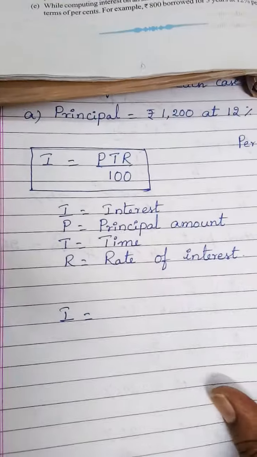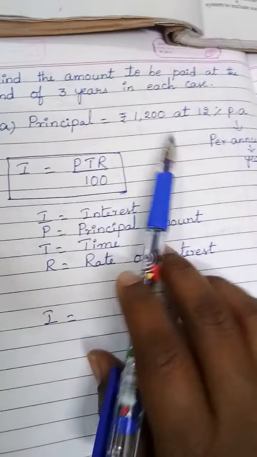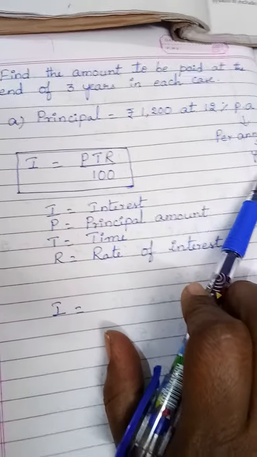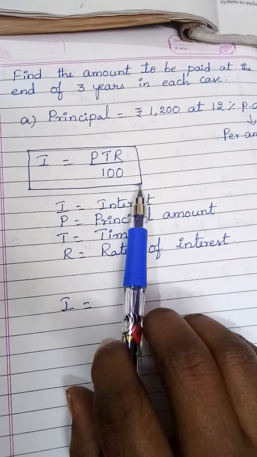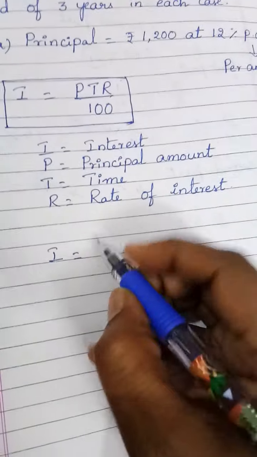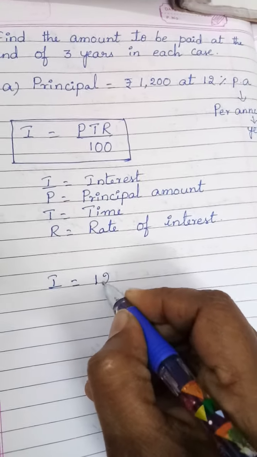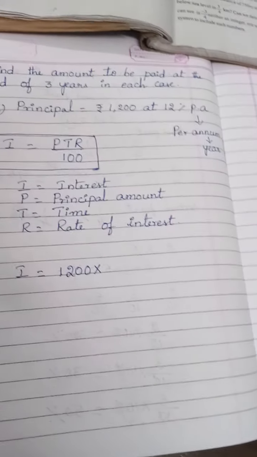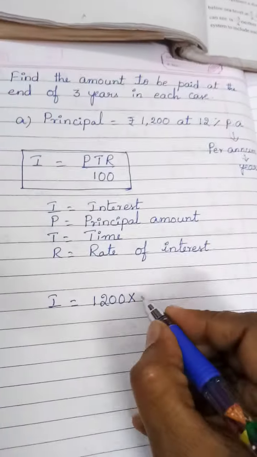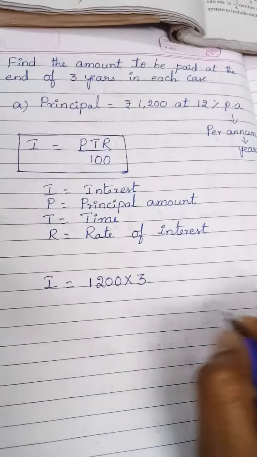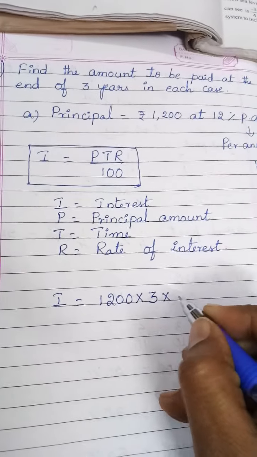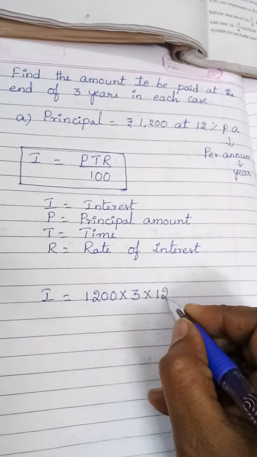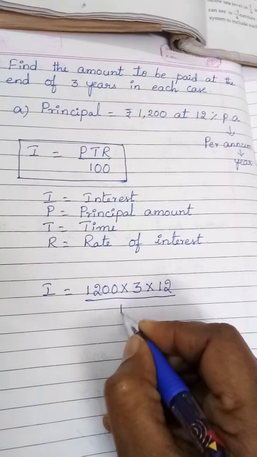See here. Principal amount is 1200, 12% per annum, and I is equal to PTR by 100. According to the formula, 1200 into T, time, which is 3 years, and R, the rate of interest, 12 by 100.